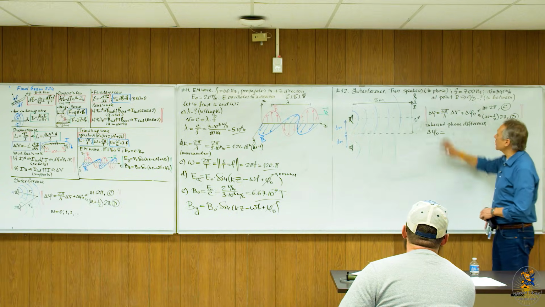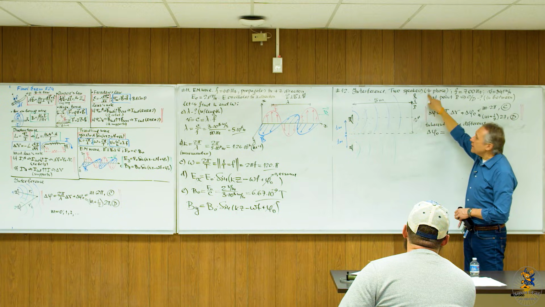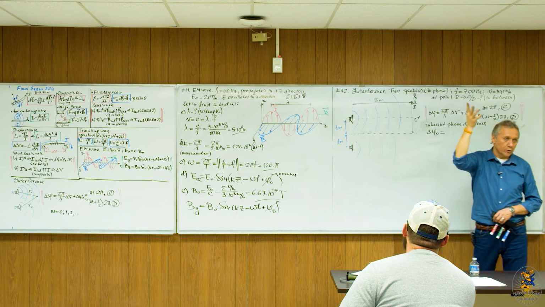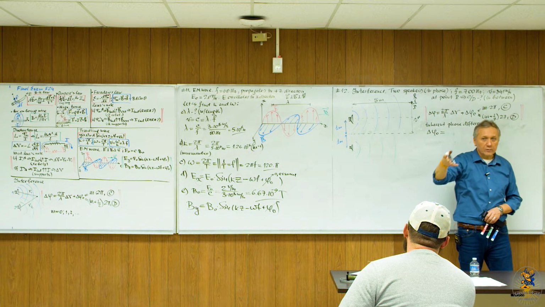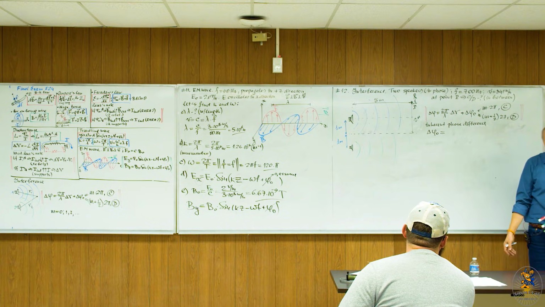Usually it's given. So if a problem says two in-phase sources, it's immediately identical sources essentially, or sometimes other words are used, the inherent phase difference is 0. It means that initial phases are the same. Or if it says two out of phase sources, of course that means the inherent phase difference will be pi.